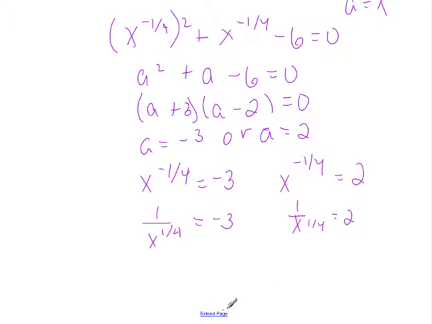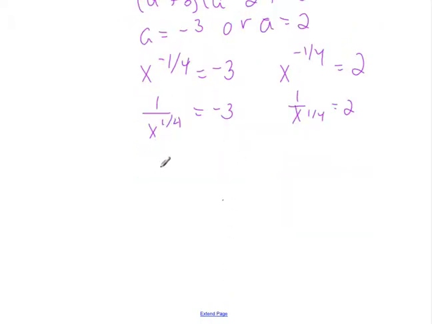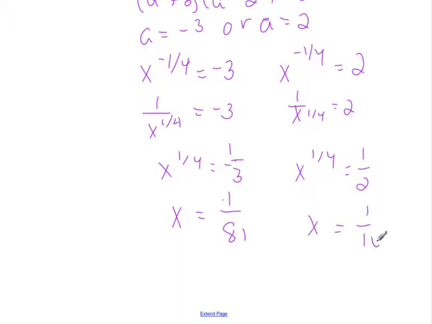So I'm going to flip both sides of these equations, and that gives me x to the 1/4 equals negative 1 over 3, or x to the 1/4 is equal to 1 over 2. Now I'm going to raise both sides to the 4th power, which means that I get x equals 1 over 3 to the 4th, which is 81, or x equals 1 over 16.